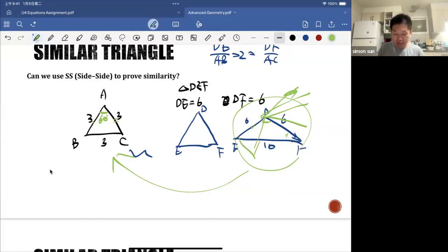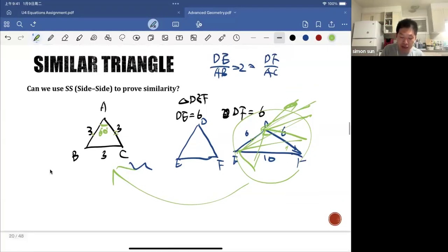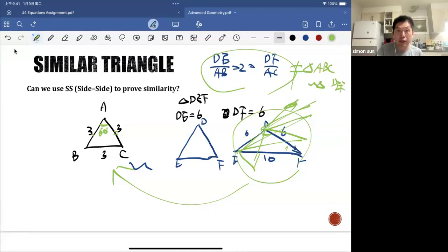It could be any triangle as long as the two side lengths are 6. So only using S and S cannot prove similarity. If the given information is DE over AB equal to DF over AC, then we cannot say triangle ABC is similar to triangle DEF. We cannot prove that.